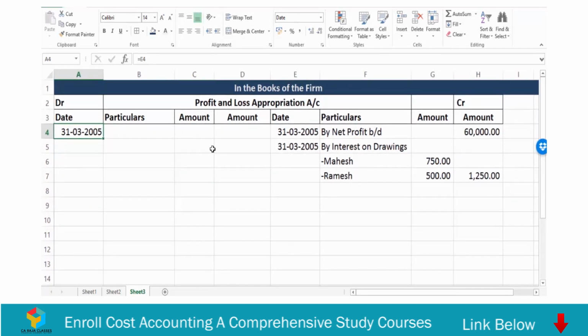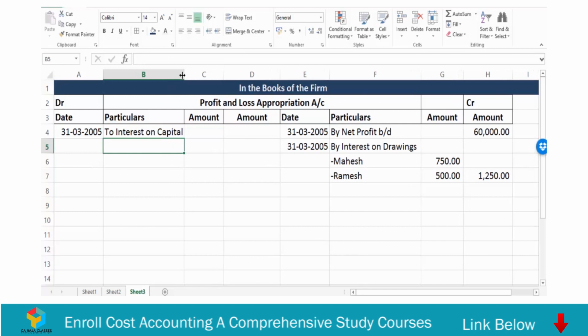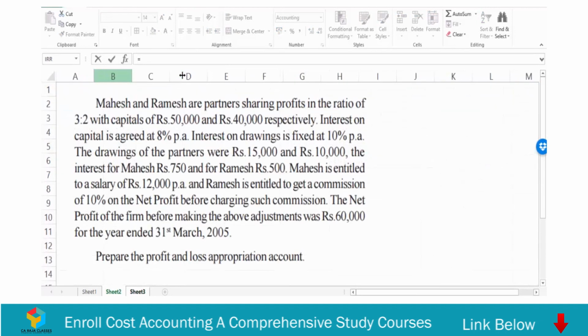Fine. Now I'll write to interest on capital, one for Mahesh, the other one for Ramesh. I'll put it in the inner column first. For Mahesh, what is the information we have? Mahesh contributed 50,000 and on which we have to pay 8%.